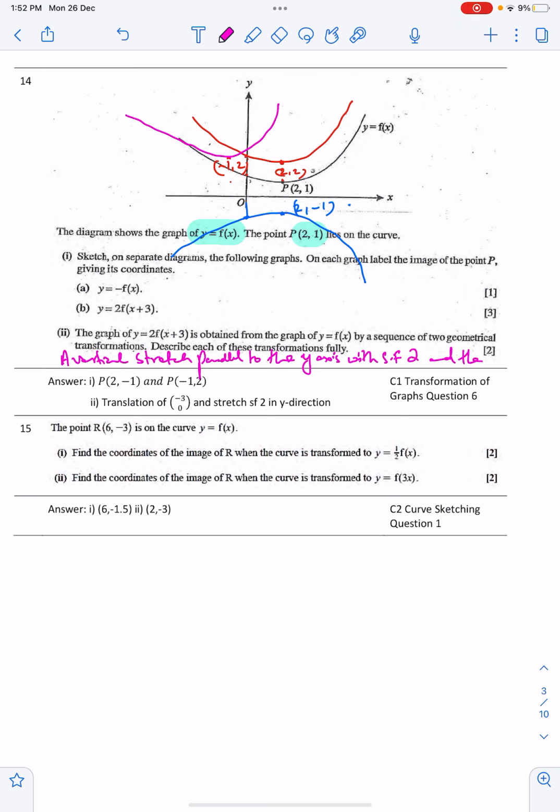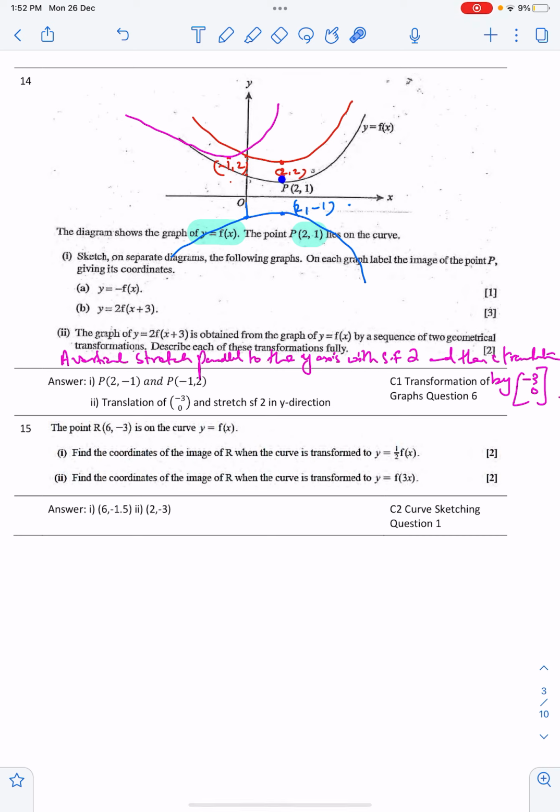and then a translation by (-3, 0). Okay, or it can be a translation of (-3, 0) and then a stretch of 2 in the y direction. It can be either of these two.